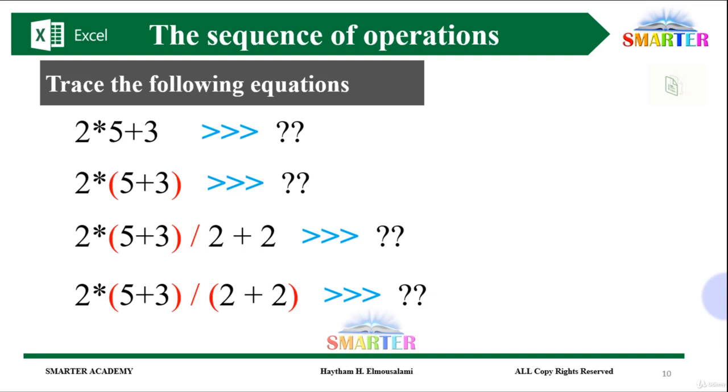If you want to follow the steps of execution of the following formula, 2 multiplied by 5 plus 3, the question is, which operation will be executed first? Multiplication or addition?